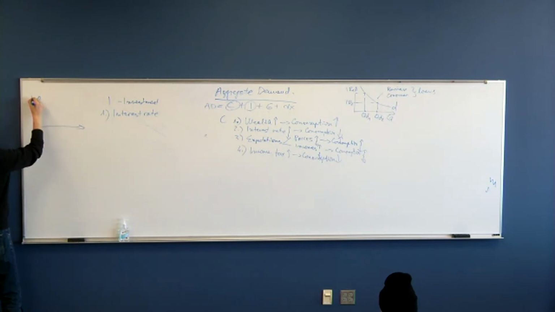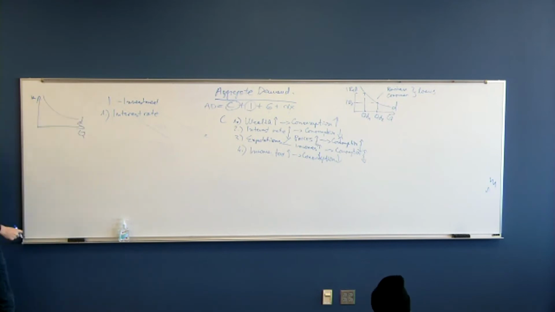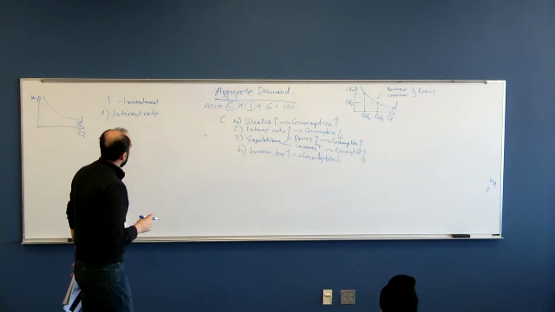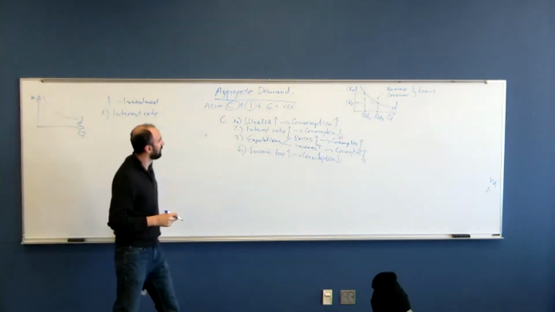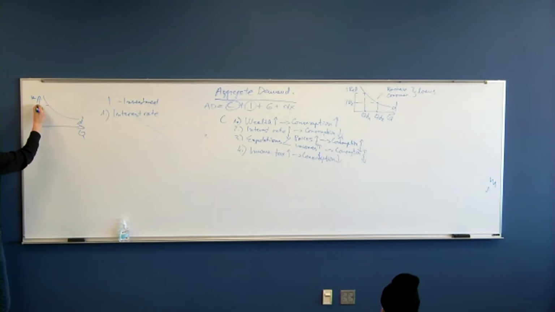The same logic, the same graph here. Demand for loans. And the same dynamic. You go from interest rate 1 and quantity demanded 1 to interest rate 2.